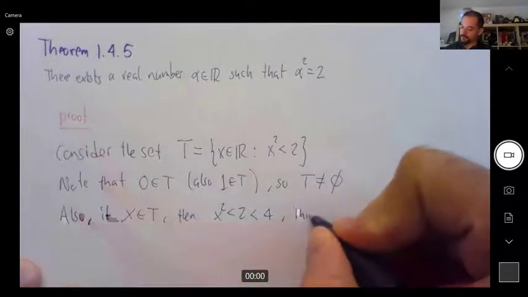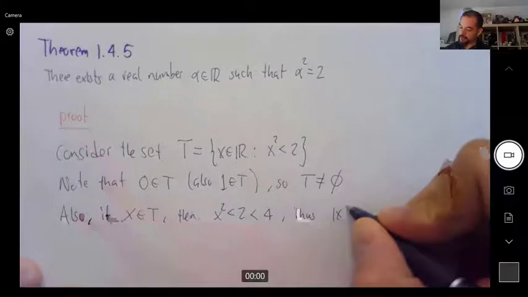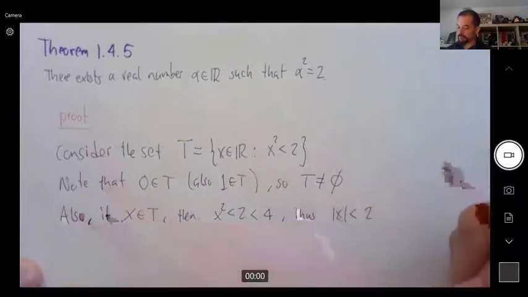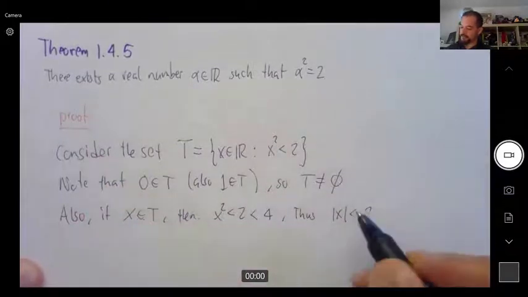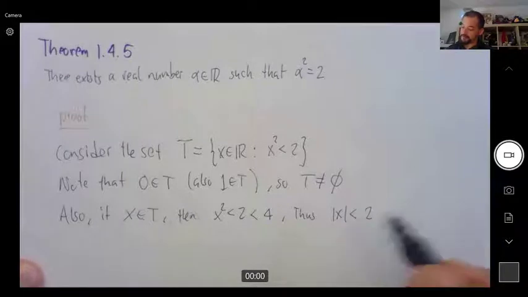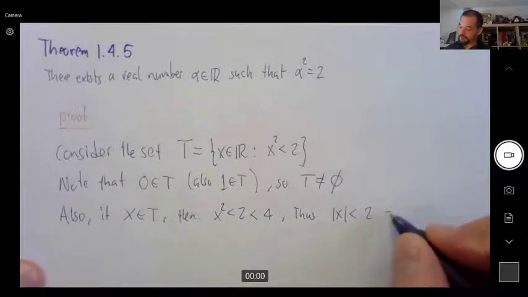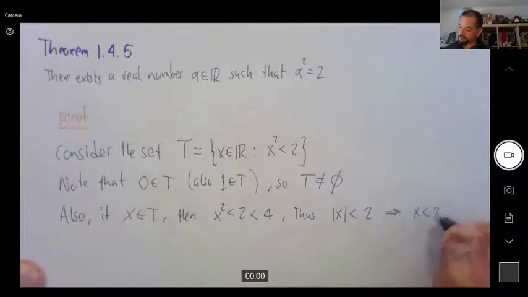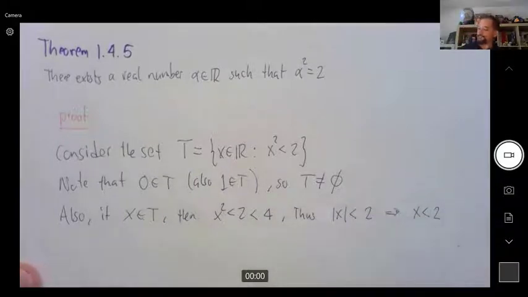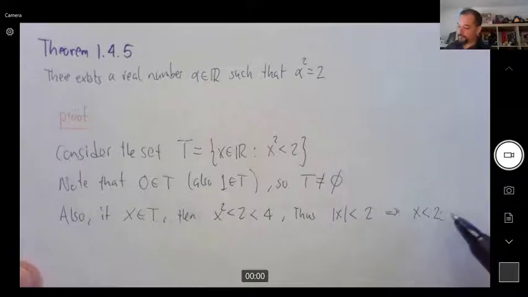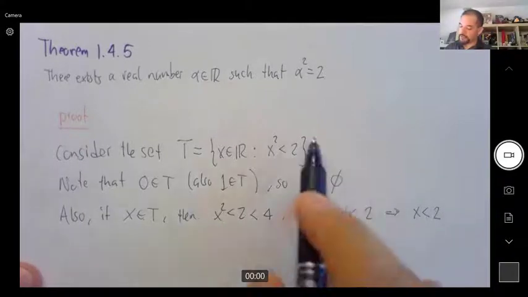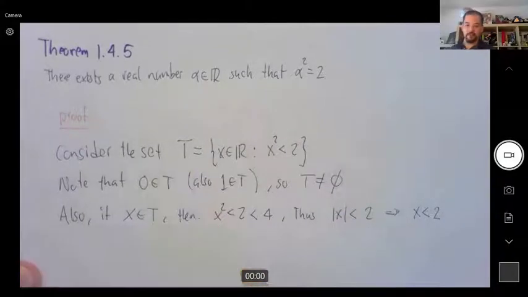So this means that the absolute value of x is less than 2. So that means x itself is less than 2, because if the absolute value is less than 2, then the number itself is less than 2. So 2 is an upper bound, definitely. So this set is all less than 2.